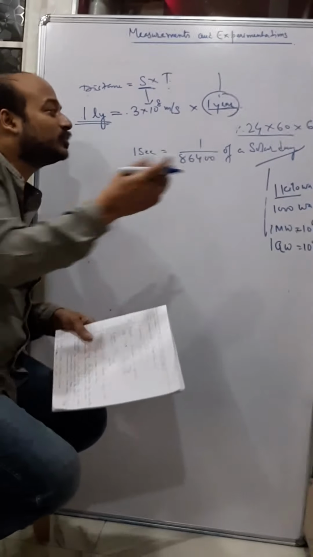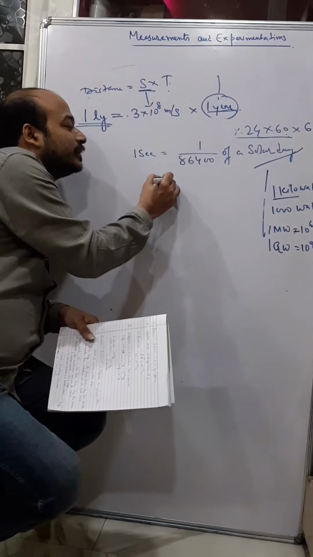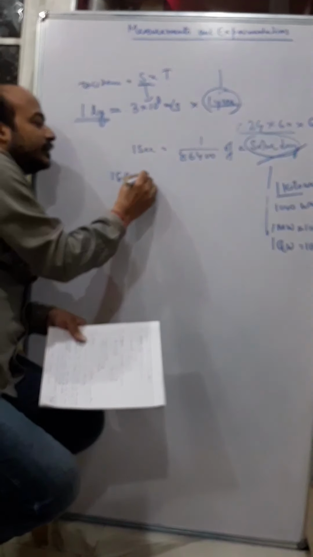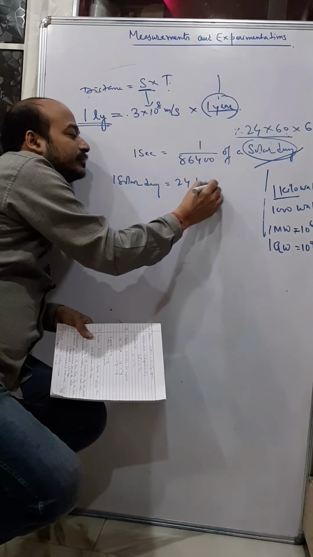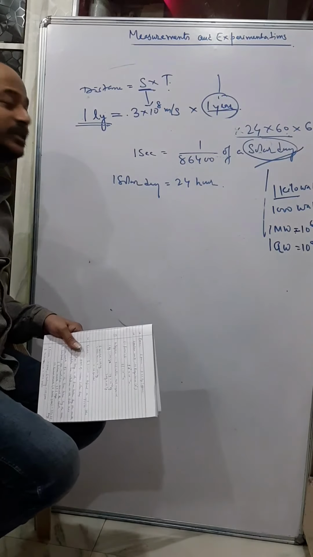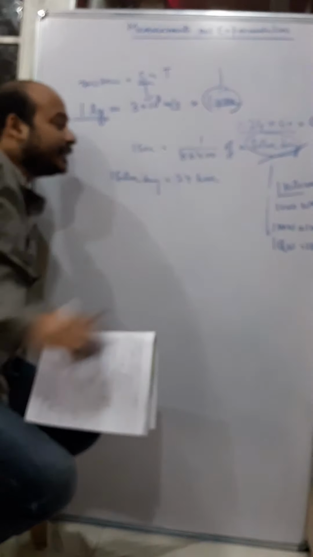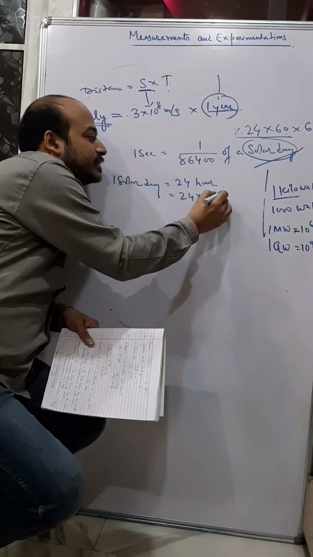Now why is that? One solar day means it is 24 hours. So you can divide one day into 24 parts, right? And this 24 hours means 24 into 60 minutes.